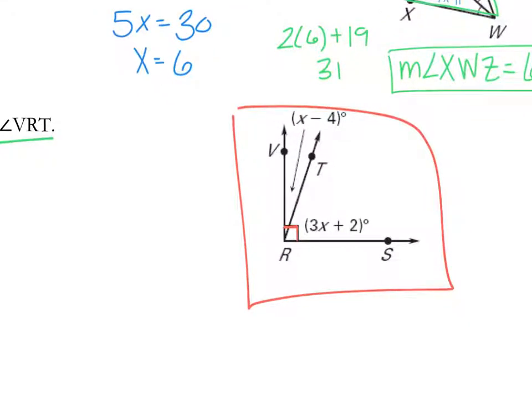So that shows that the total is 90 degrees. So this is the part plus part equals the whole. x minus 4 plus 3x plus 2 equals my 90. Part plus part equals the whole. So pay attention to those tick marks in there, and they will tell you if you know a total or if you know that they are going to be congruent.